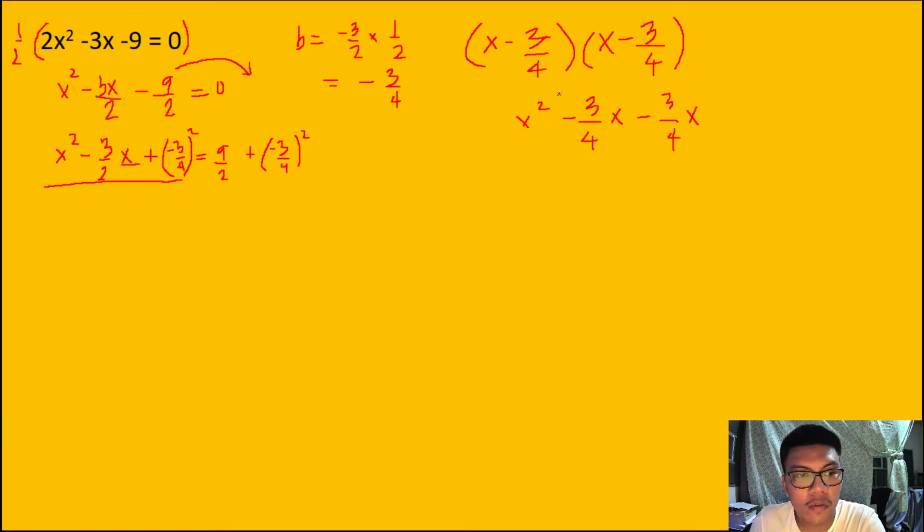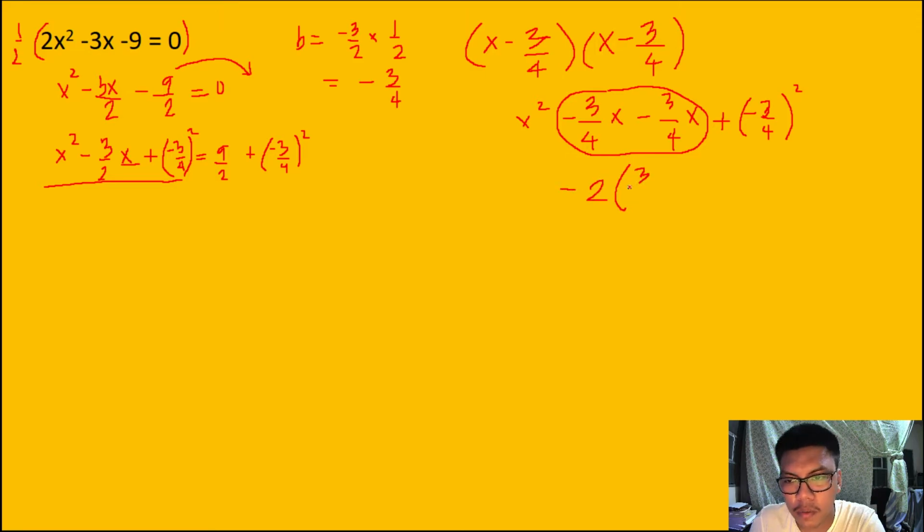So, negative 3 over 4 times negative 3 over 4, square lang natin, ano? So, plus negative 3 over 4 squared. Then, itong term na to, pansinin kung ano mangyayari. Negative 3 over 4 plus negative 3 over 4, that is equal to negative 2 times 3 over 4 x. So simplifying, we have negative 3 over 2 x.